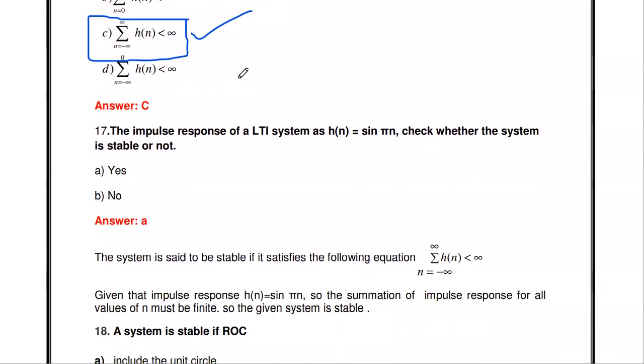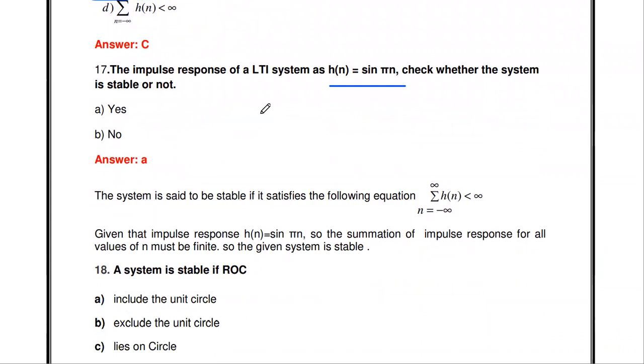Then the next one. Using this stability condition, some problems. The impulse response of an LTI system is h of n equal to sine pi n. Check whether the system is stable or not. What is the condition to check whether the system is stable? If the system satisfies the condition summation n equal to minus infinity to infinity of the absolute value of h of n less than infinity, that is the stable condition.